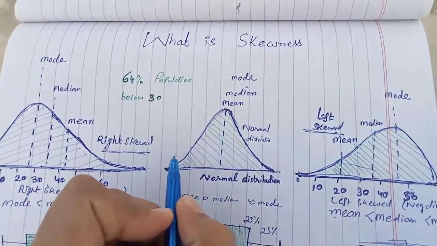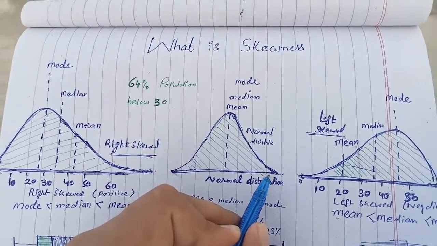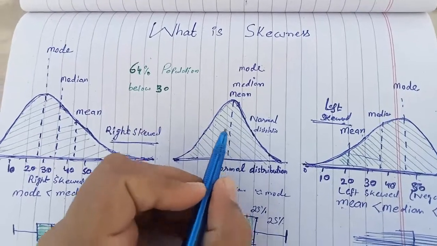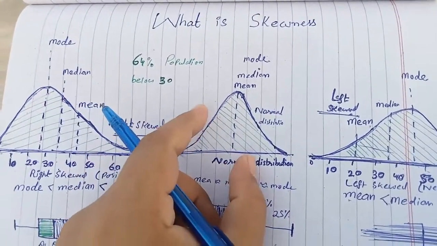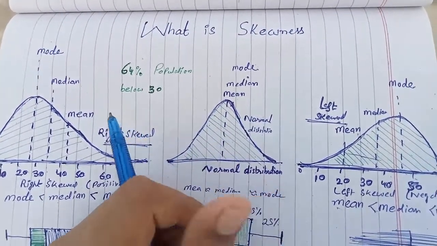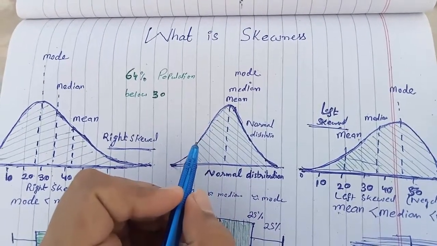This is the normal distribution. If we talk about the skewness of this normal distribution, it is almost near zero, not exactly zero, but almost near zero.